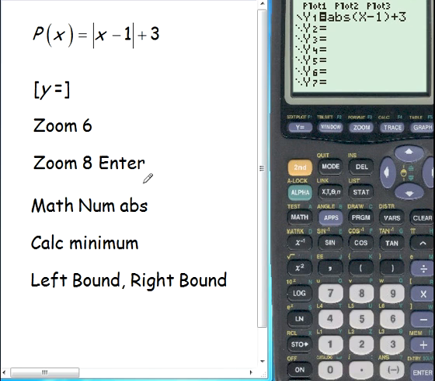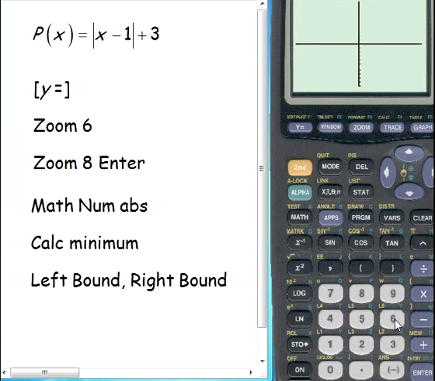I'm going to get into an integer window, which has nice values. Let's go ahead and hit zoom 6, and that gets it into a 10 by 10 window. You can see right now that the minimum value seems to be at 1, 3.